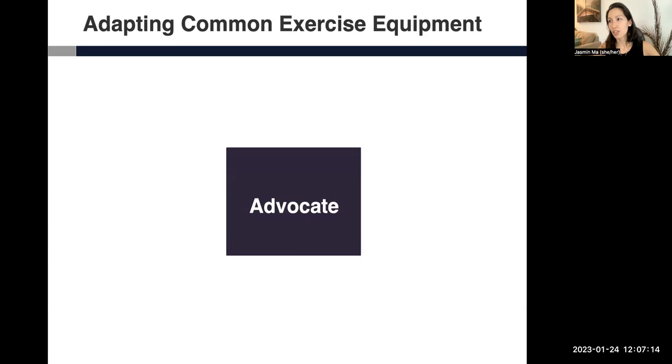I've had that conversation opened up many times where following that conversation, we've had more of a discussion on what it would look like to have an accessible gym space. And then they've gone and bought equipment based on our conversations. So you just never know. And I like to come into this thinking that people come in with good intentions. We just need to support them in how to make their spaces more accessible.